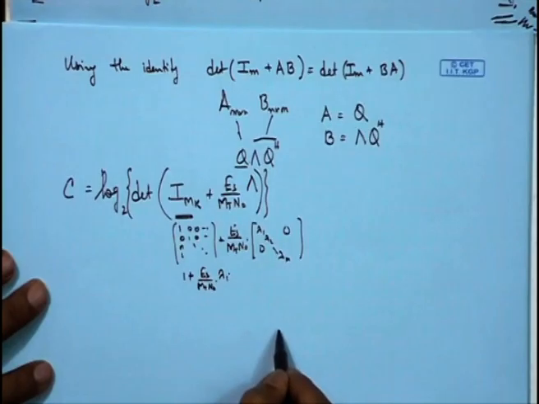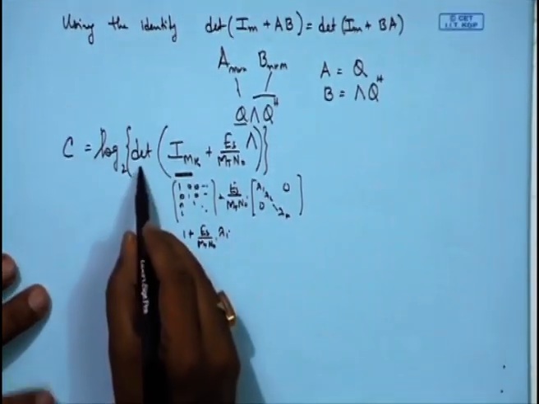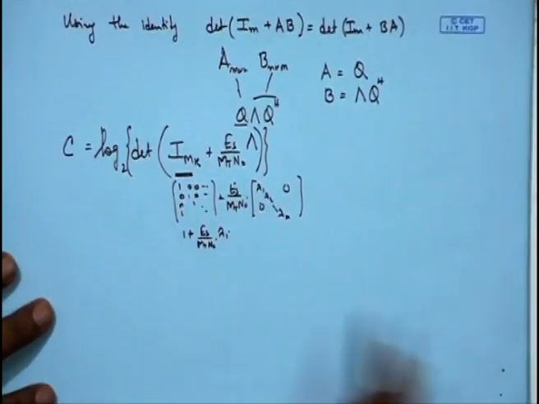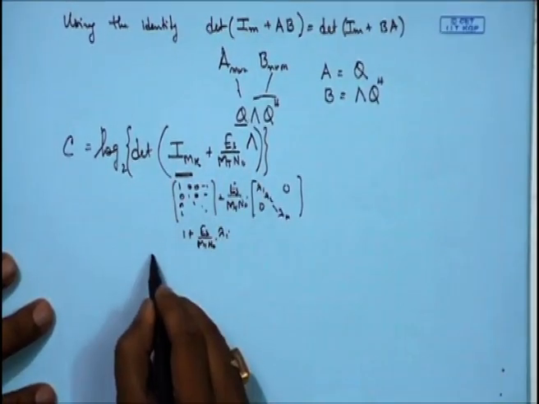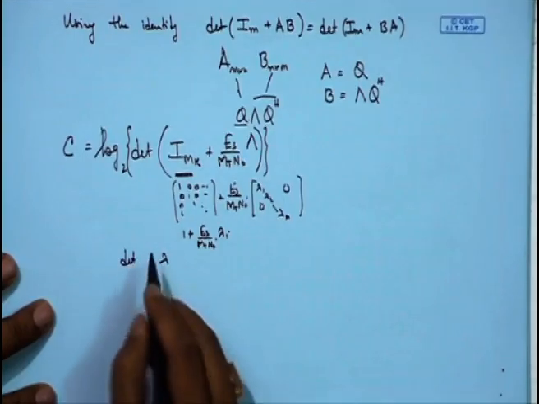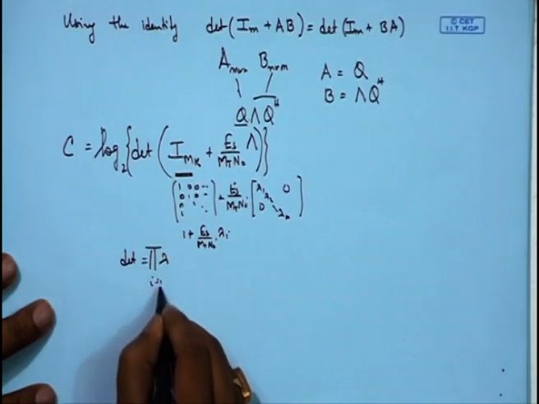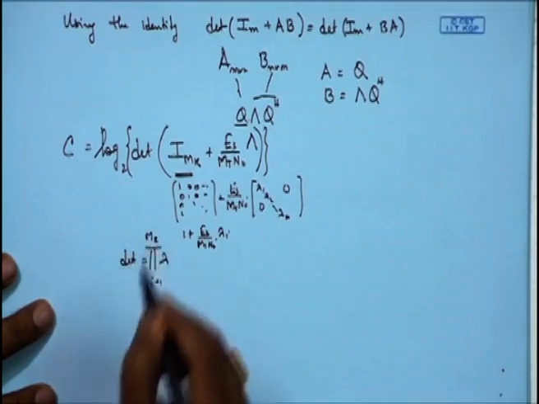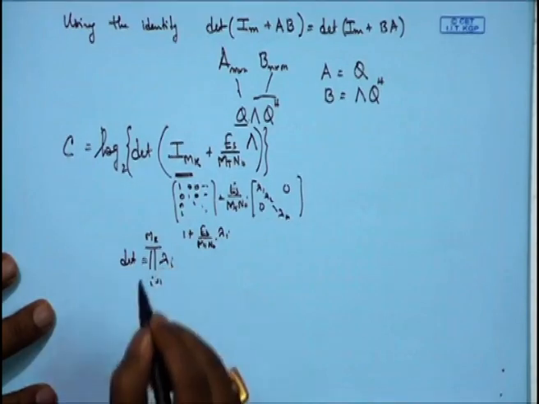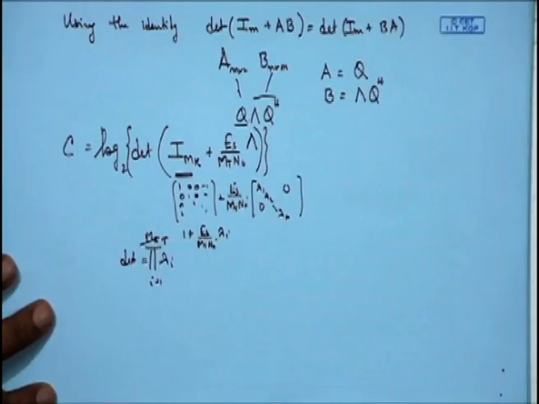So this will be a new diagonal matrix with these as the diagonal entries. We are taking the determinant of a matrix. The determinant of a matrix is basically the product of the diagonal values, the product of the eigenvalues. The determinant is equal to the product, i equals 1 to Mr, or rather we should say r, where r is the rank of the matrix.